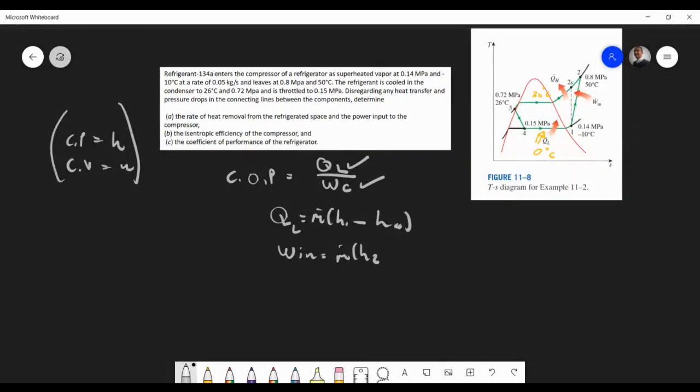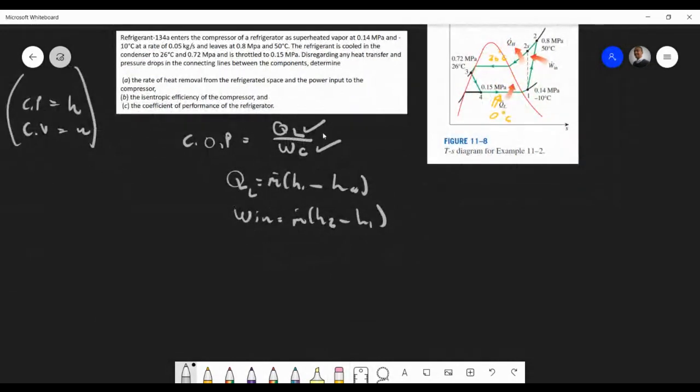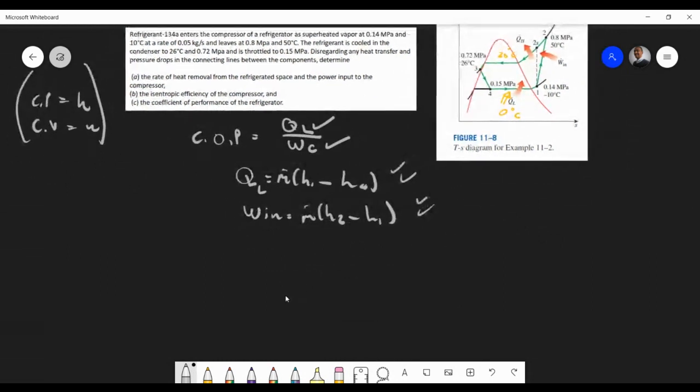So I'll just call it H2 minus H1, and I'll probably say H2A here, for a particular reason. These three you're always going to end up finding, always around six marks like this. This is where you're always going to be working towards. In most of the questions, you're going to find this kind of setup.